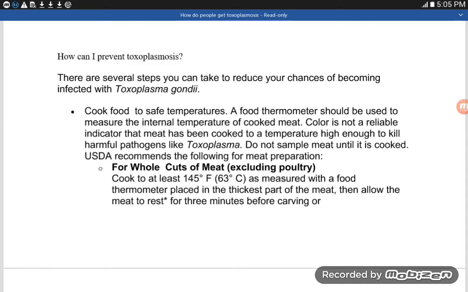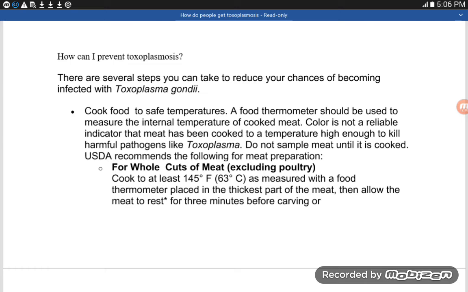So if you want to prevent it, you have to think about the modes of transmission. First, cook food to a safe temperature. Here we have to cook very well. Otherwise, if the food is undercooked, half cooked or raw, one of the intracellular stages may be present. So when we eat those meats or foods, we will get infection.